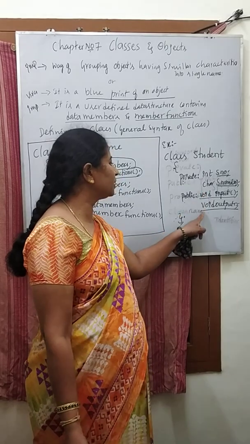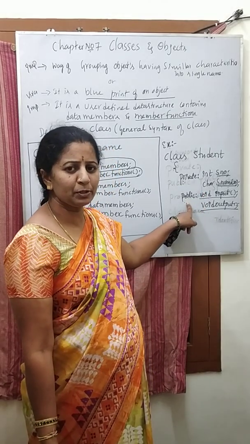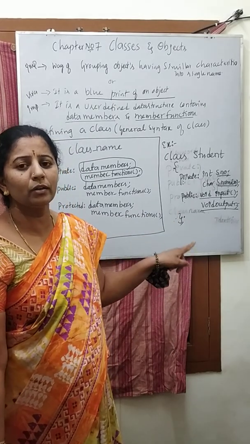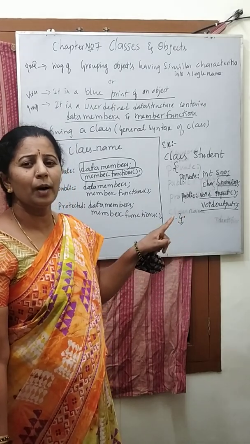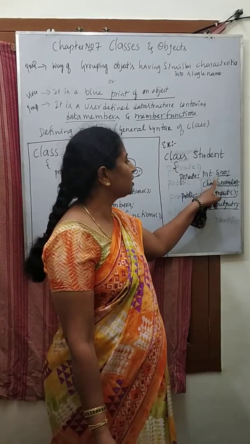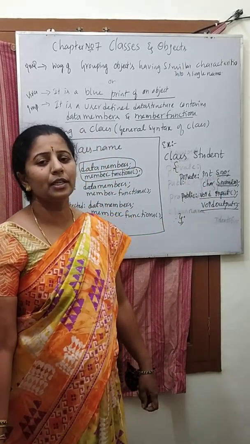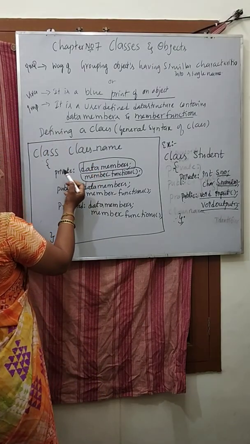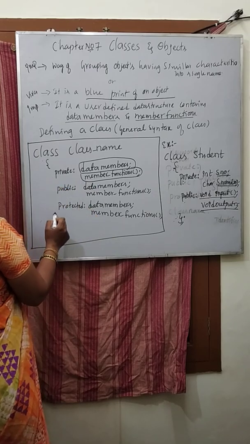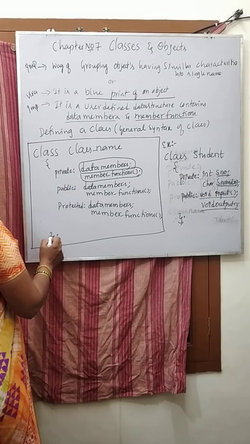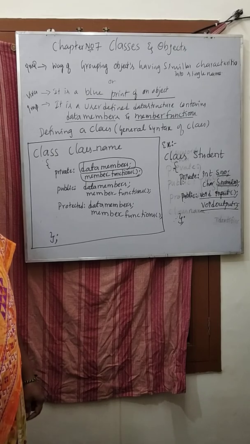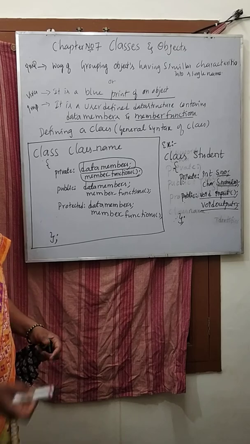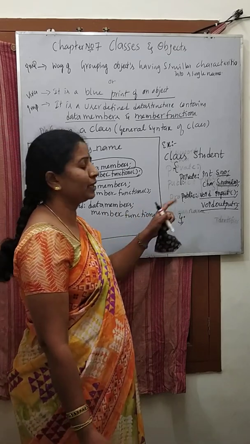The member functions which are declared under an access specifier within the class definition to perform a particular task on data members. Did you get it? So class is followed by the class name, and data members are declared under access specifiers. These things are enclosed within curly braces and terminated by a semicolon. Did you get your class and class example?